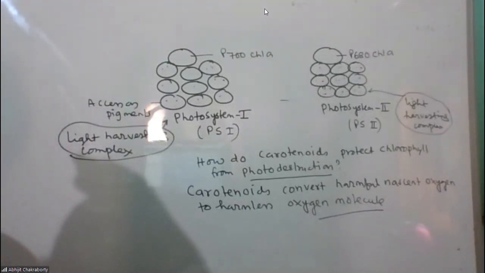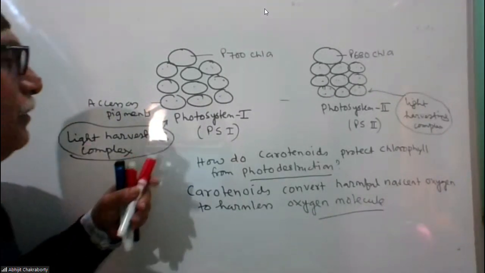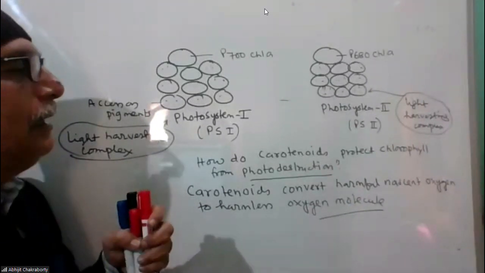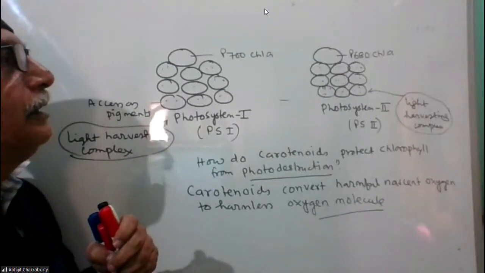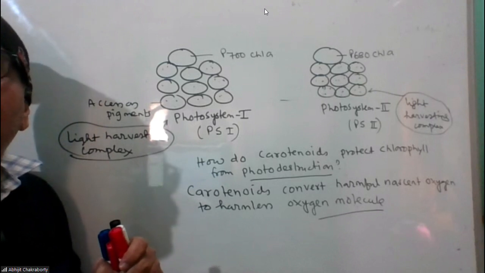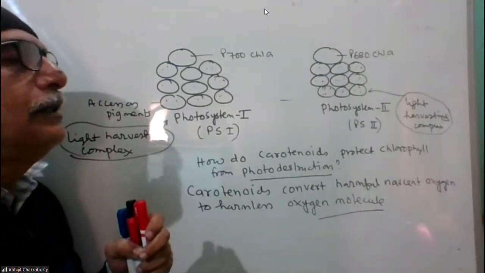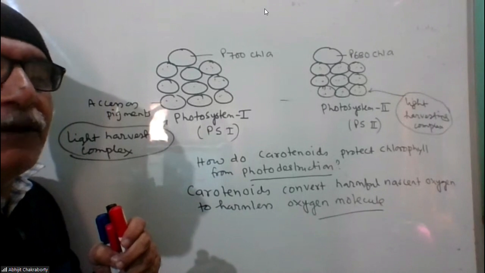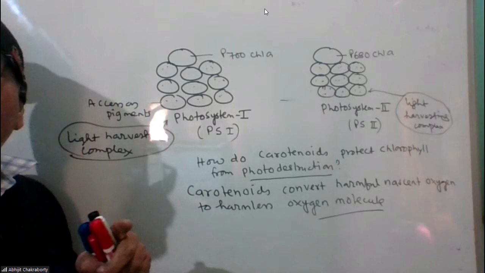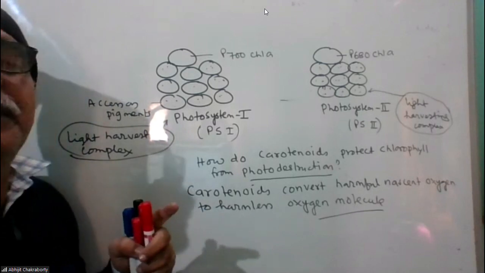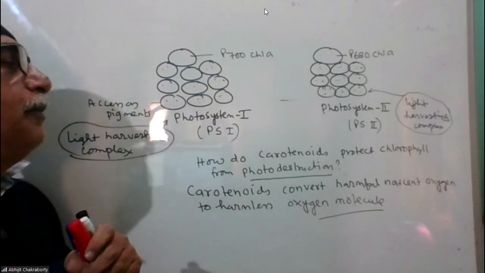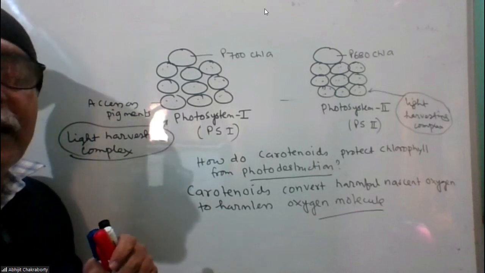So here what happens? The light energy, whenever it is trapped, is to be conveyed like this. Now remember that both these photosystems take part simultaneously in photosynthesis, obviously. It is not that one is waiting for the other for the absorption of light energy. I am repeating it again.